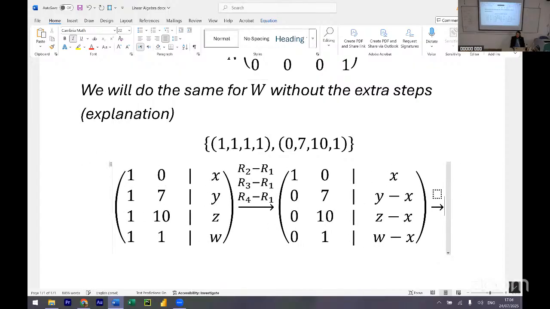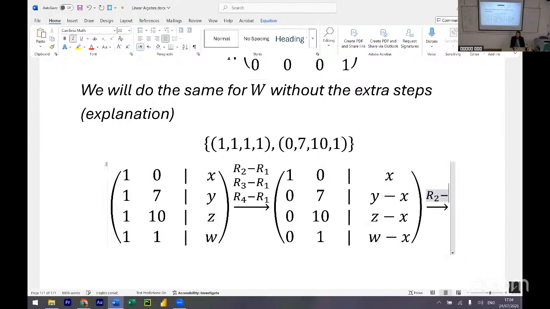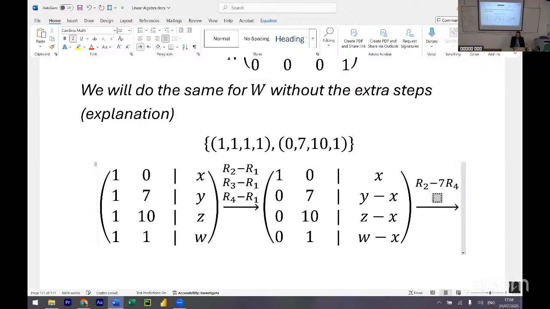Next two operations will be R2 minus 7 R4 and R3 minus 10 R4.